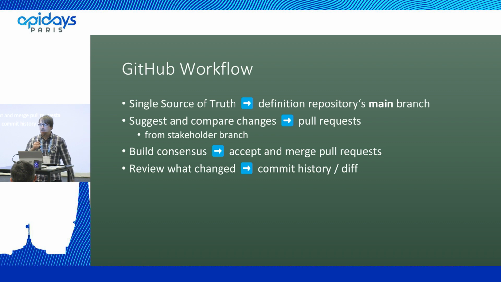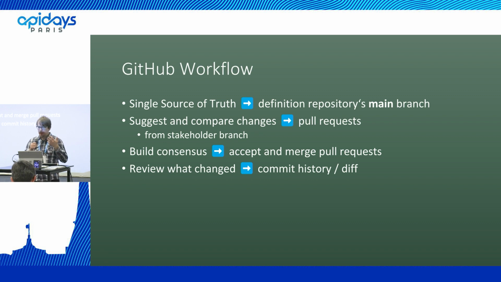So how could you do a workflow on GitHub? You could have your single source of truth in your main branch. And I would generally recommend having a dedicated repository just for your API definition. And for suggesting and comparing changes, you can use pull requests. One way to do this is to give different stakeholders branches where they can make suggestions of, okay, this is how we want the API design to change based on our requirements.